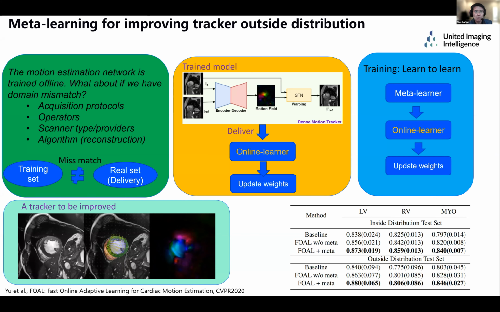In our problem, we try to address this issue for the motion estimation problem. Motion estimation is a self-supervised method, similar to image registration. Basically, if we have a network already trained offline, we can deploy this network onto the real data for one single video, run the network, and generate the result.